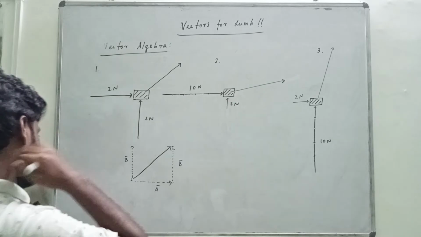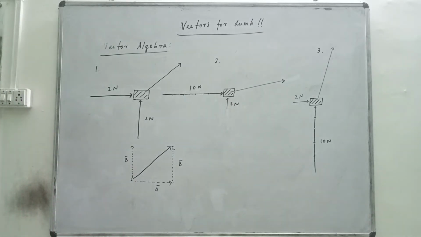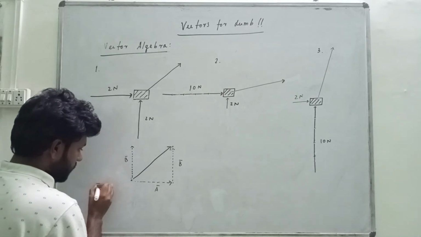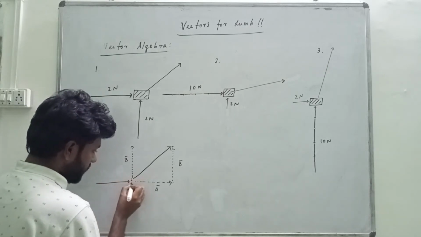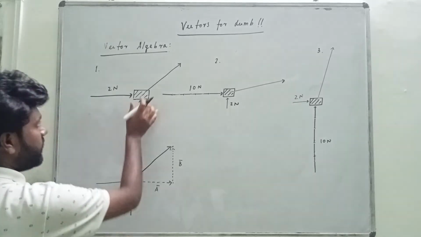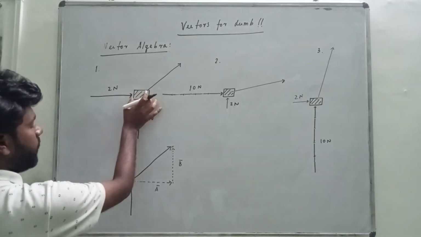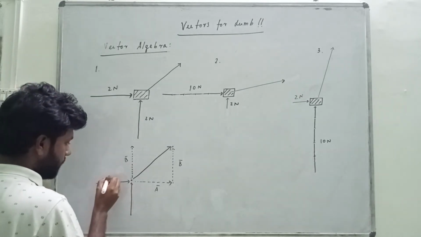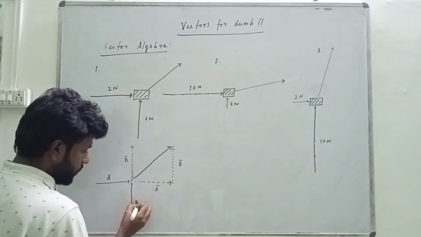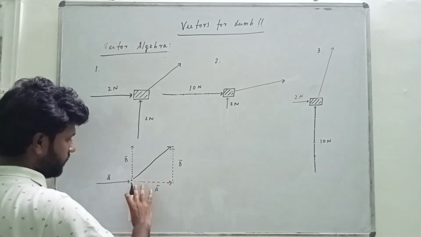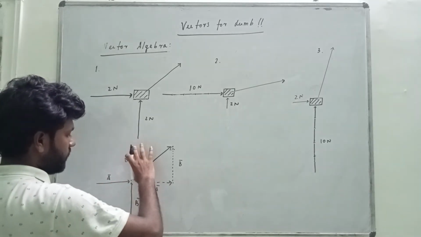So just recall what I did here. Initially there were two vectors here and here. These are the initial configuration, and I represented the block as a dot, and I shifted this vector parallel to itself from here to there, and obviously this one from here to there.